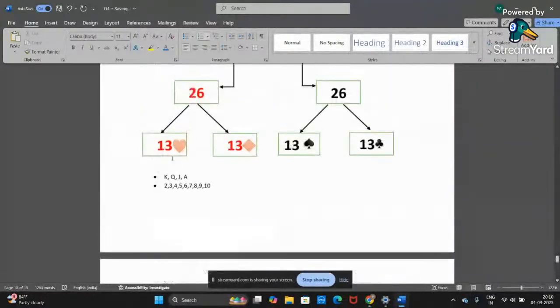All number cards. In all of these we have number cards. In this we have how many number cards? 9 number cards in this, again 9 number cards in this, and 9 number cards in this. So it is 9 plus 9, 18, 18 plus 18 from the black cards.